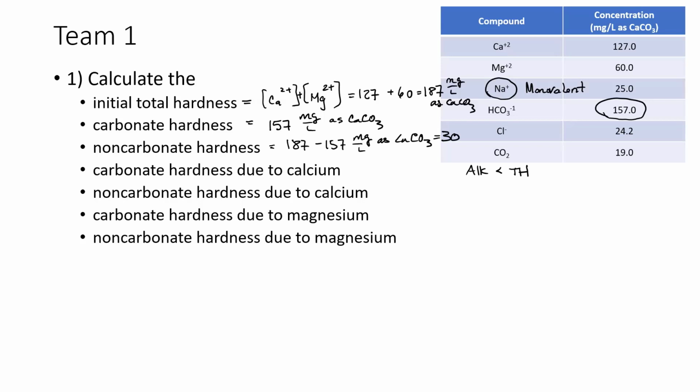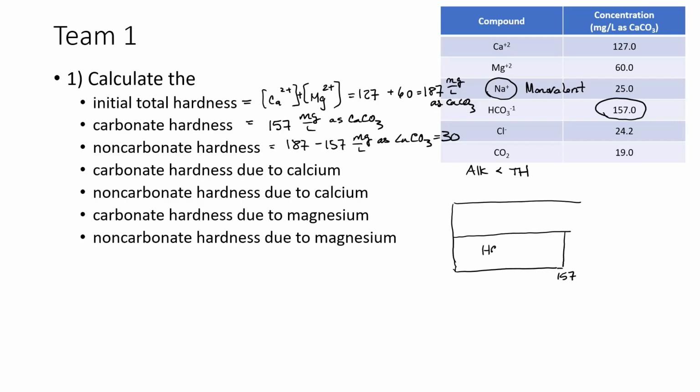Okay. What I didn't draw before, and let's draw it now, is what's referred to as a bar graph. So typically what we do is we put the anions on the top and the cations on the lower bar. The alkalinity is 157.